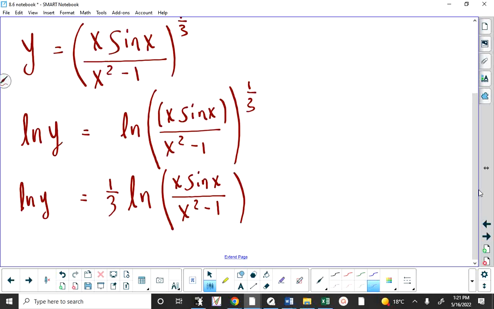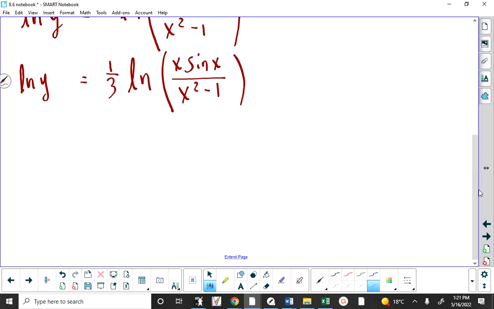Now, maybe just drop your pencil for a second. There's many different things you can do here. Traditionally, the way this is taught, and I don't know why this is the case, so don't write this down.